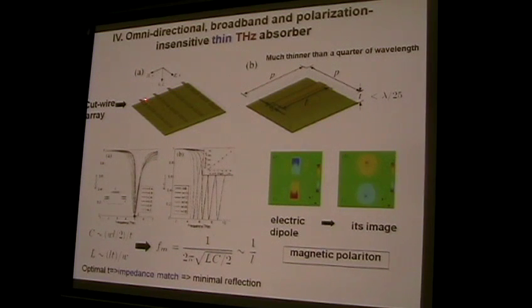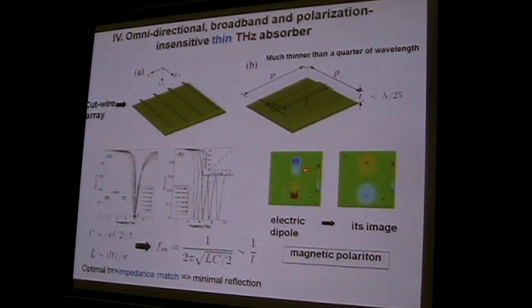So in this case, we put in a spacer, and then on top of the dielectric spacer, we put the electro dipoles. Look at the field distribution.